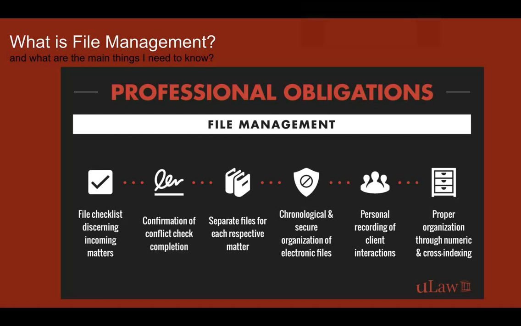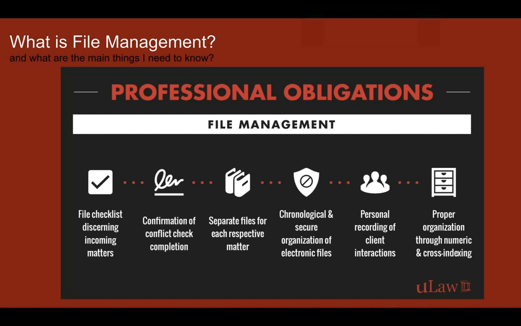alongside a chronological and secured organization of electronic files, where, in uLaw, we have document management powered with Google and OneDrive. So today, everything is on cloud. Everything is accessible electronically, especially post-COVID, where there could be times where you are not able to access physical files. It's okay to maintain physical files, but it's also important to maintain electronic files.